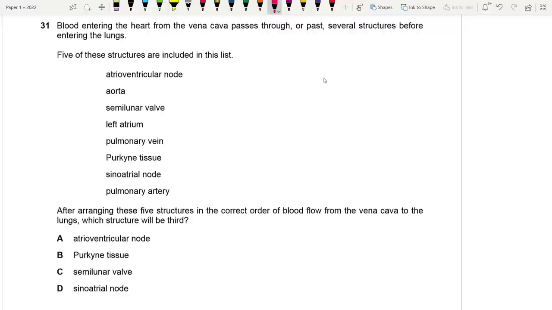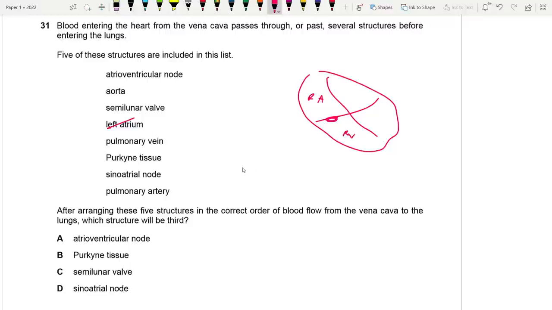So from the superior and inferior vena cava, we are first going to be at the right atrium, not the left atrium. Okay, then we're going to pass through the tricuspid valve. Is it here? No tricuspid valve. Then we're going to enter the right ventricle.